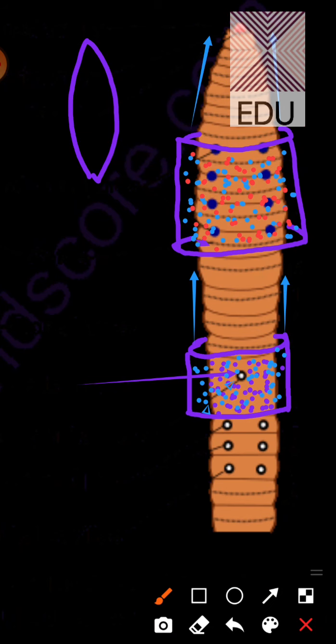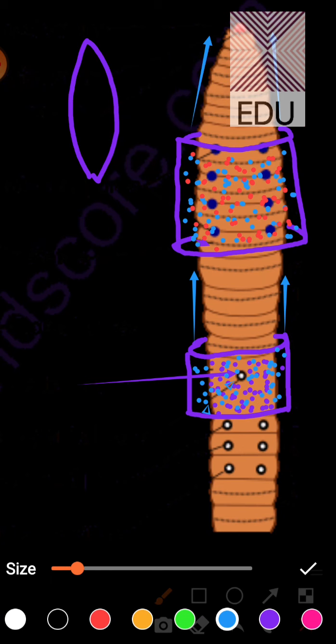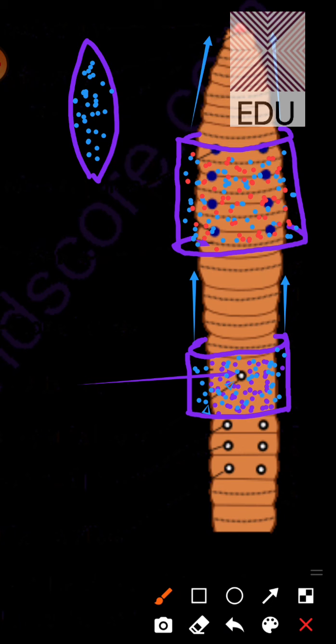In this egg case, we have a number of eggs of earthworm number 1 and a number of sperms of earthworm number 2. So in this egg case or ootheca, fertilization will occur.